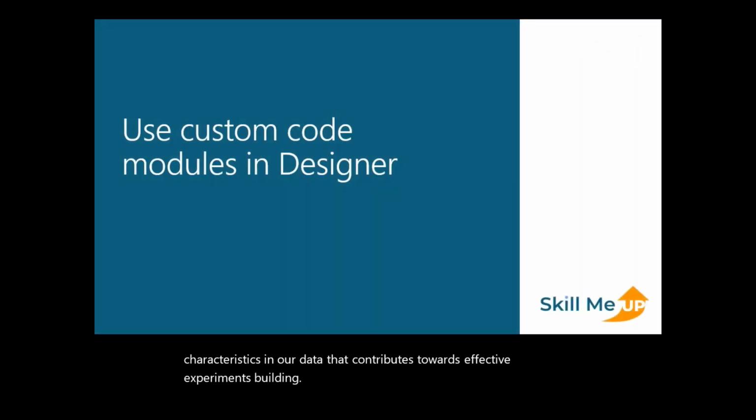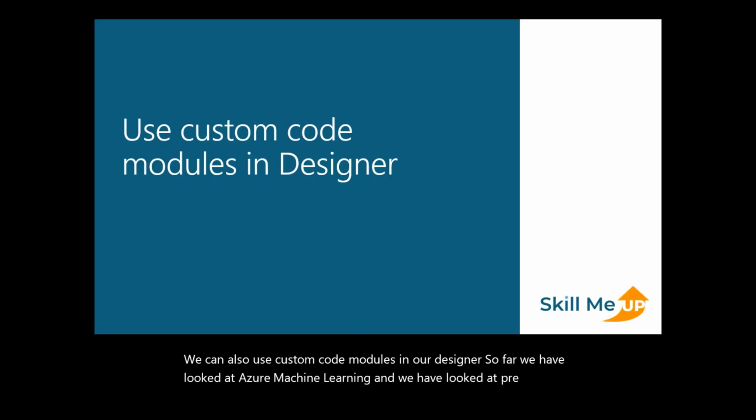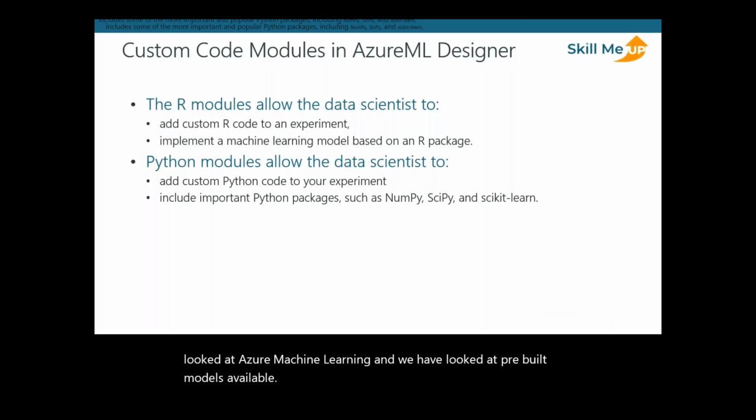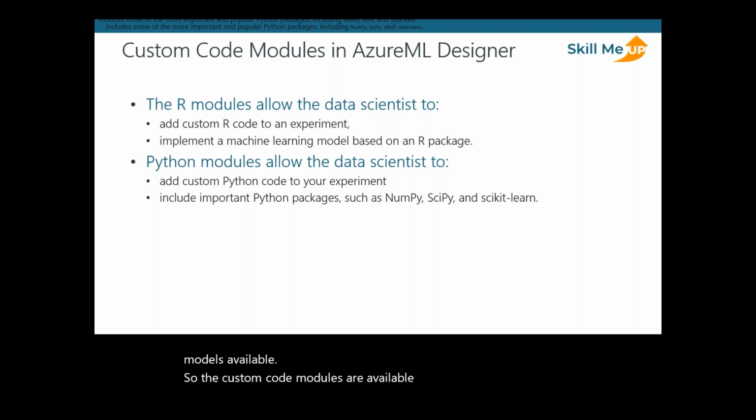We can also use custom code modules in our designer. So far, we have looked at Azure Machine Learning, and we have looked at the pre-built models available. So the custom code modules are available in R and in Python.